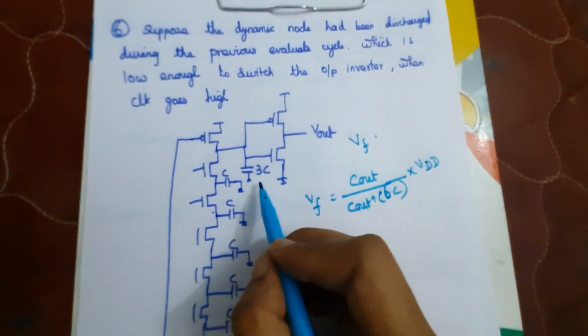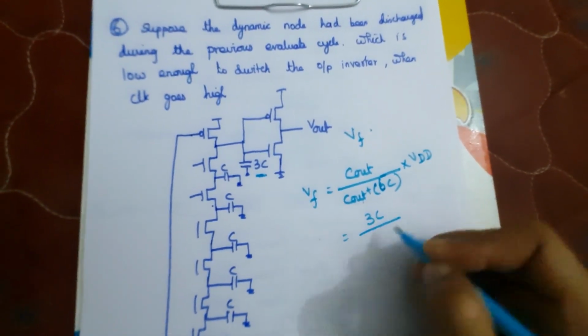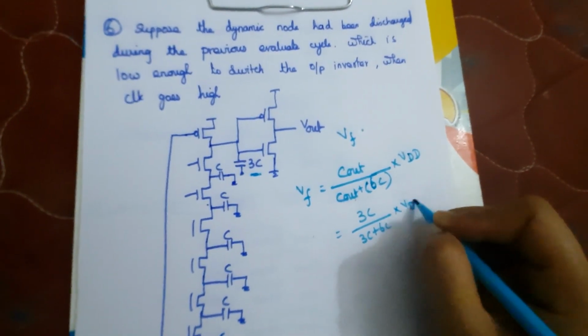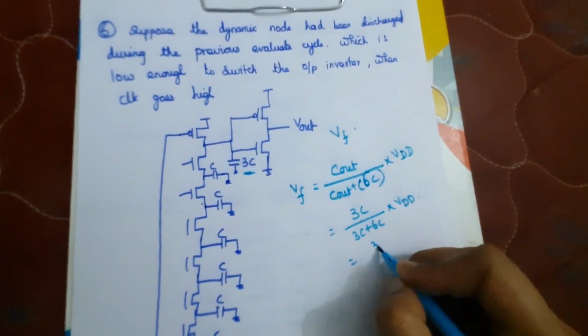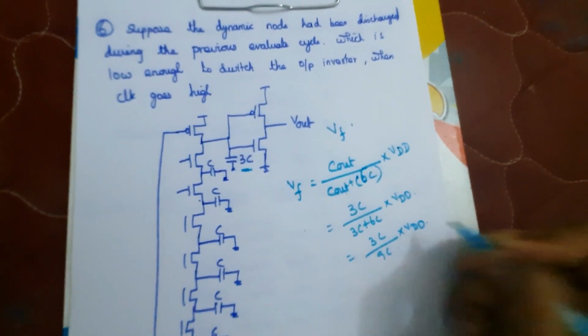Cout here is 3C. So putting the values, 3C divided by (3C + 6C) into VDD, which gives 3C divided by 9C into VDD.